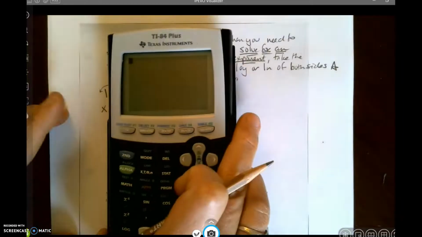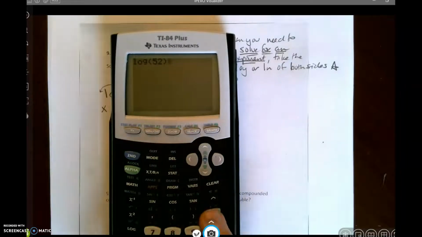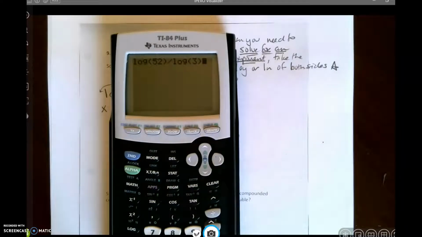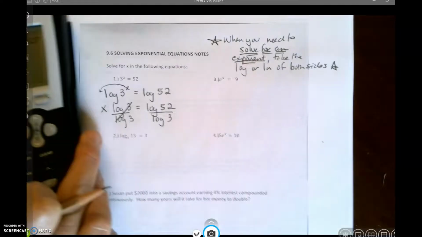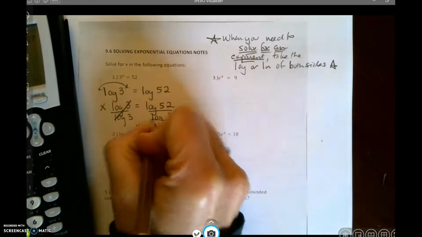And so then I get my calculator out, and I do the log of 52 divided by the log of 3. And we're going to round to 1 decimal place, so I get 3.6. So x is approximately 3.6.